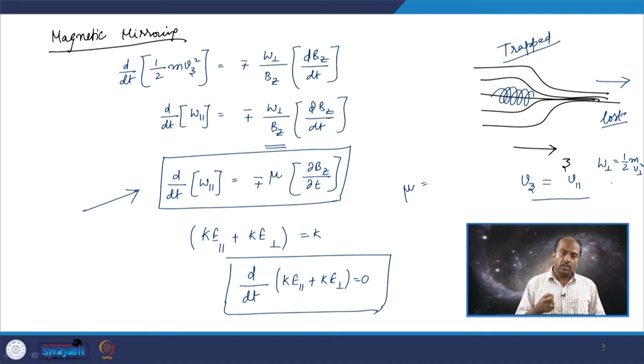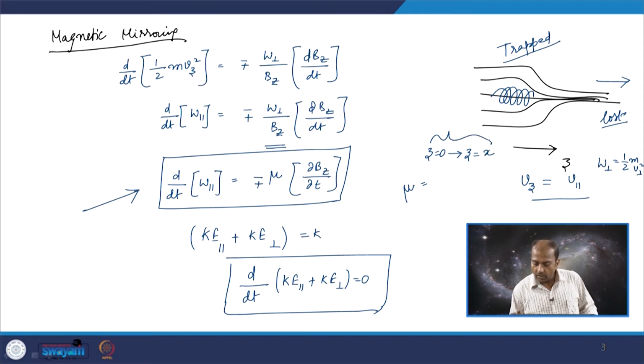So, here the particle is traveling, physically speaking, for simplicity, from z equals 0 to z equals x, let us say. And this duration is covered from t equals 0 to t equals something, let us say y. So, this elapsed time is dt and the elapsed distance is dz, right.